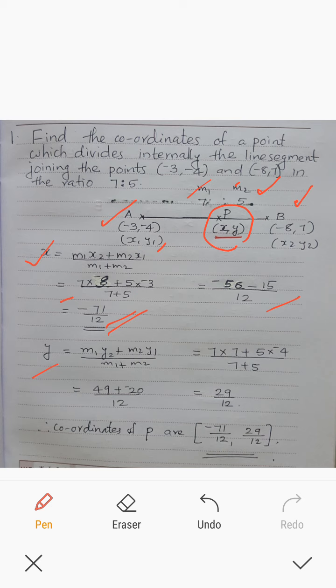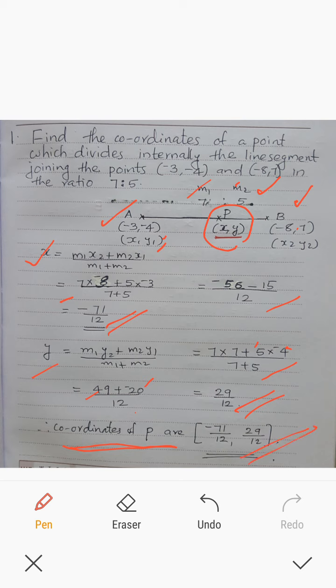Similarly, the y coordinate is (m1 y2 + m2 y1) divided by (m1 + m2), which is equal to 7 into 7 plus 5 into -4, so 49 minus 20 divided by 12, that's equal to 29 by 12. So the coordinates of the point P are (-71/12, 29/12).